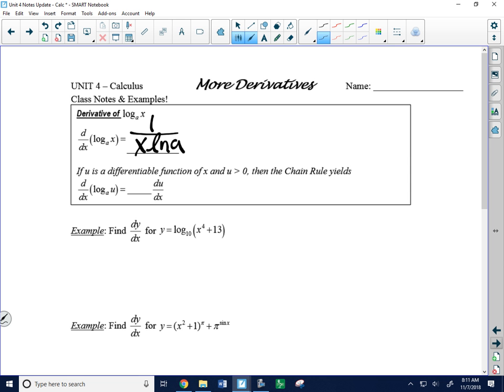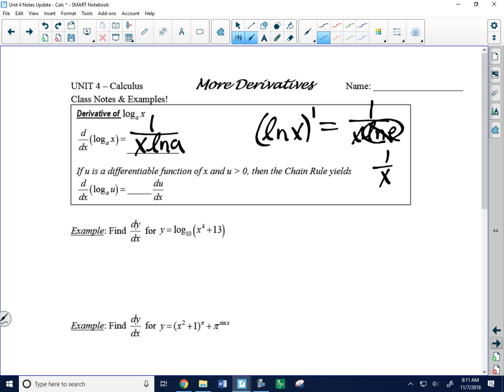All right, let me show you. If it was natural log, it's actually the same rule. It'd be 1 over x ln of the base e. ln e, where the base a is e, is just 1, and so it becomes 1 over x.